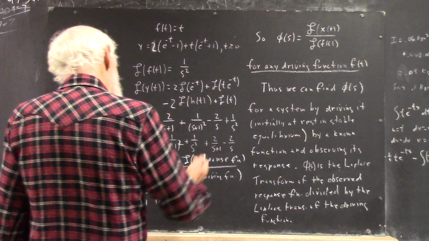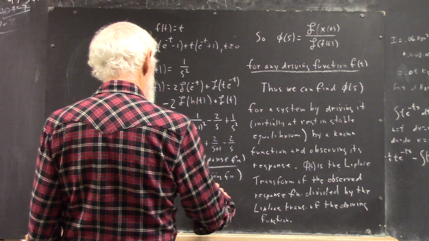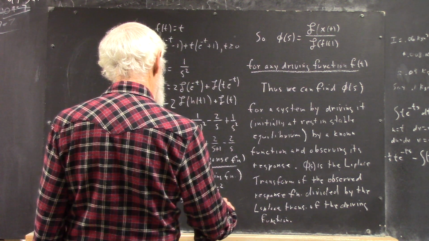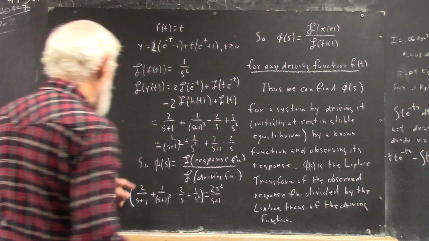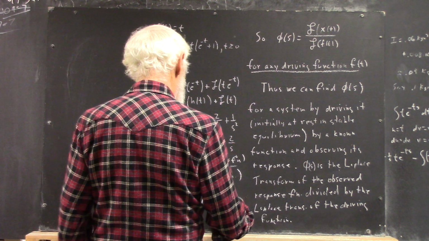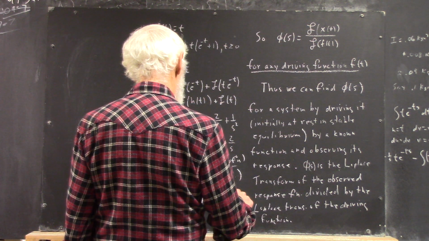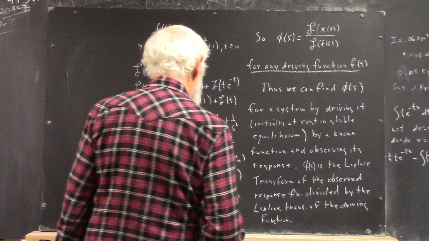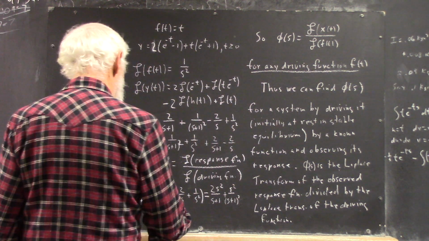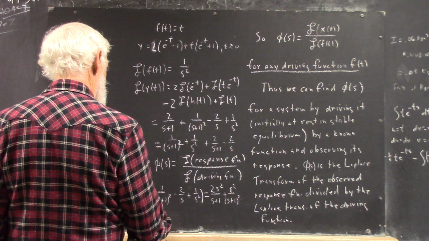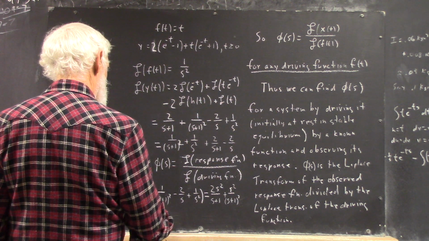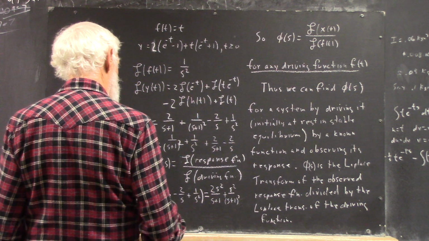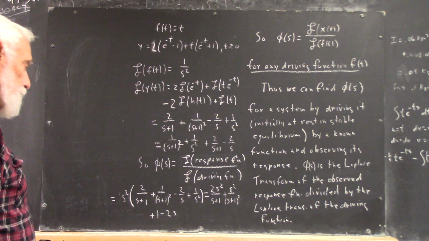Now I'm multiplying through by s squared, so that's going to give me 2s squared over s plus 1, plus s squared over s plus 1 squared, plus 1 minus 2s.